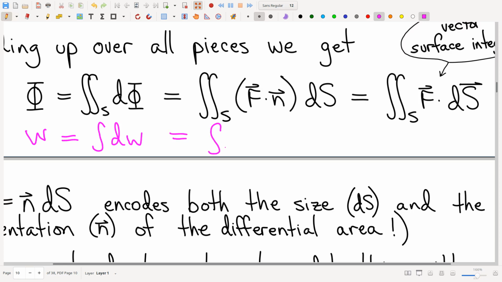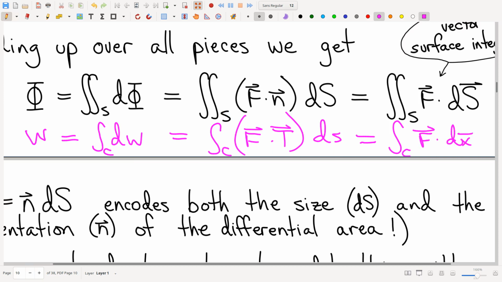On any given little piece of our curve, work was force dot tangent vector ds. That's little s, distance, and I spaced that out weirdly. Let me fix that. There we go. And, of course, the other way to write that, arguably better way to write that, is F dot dx.